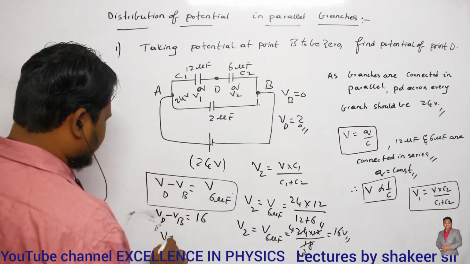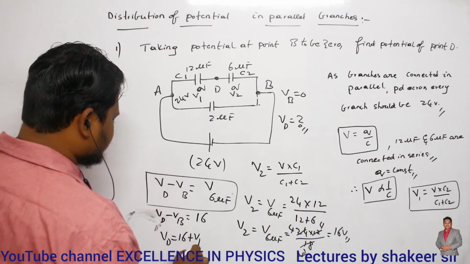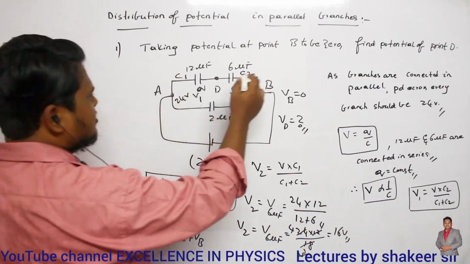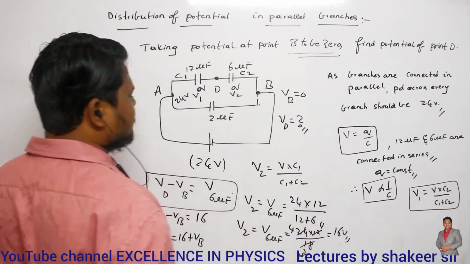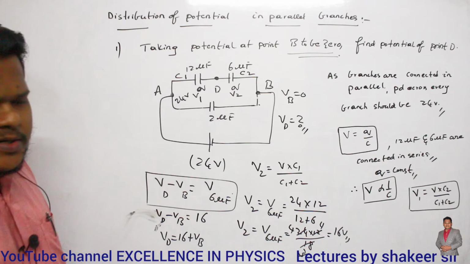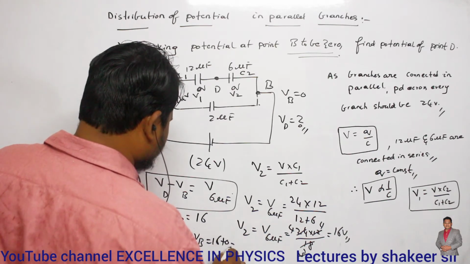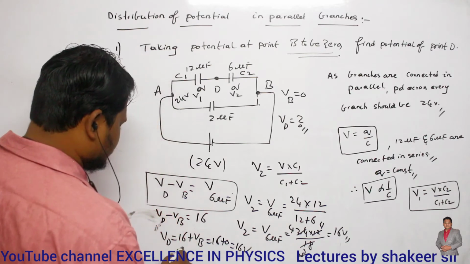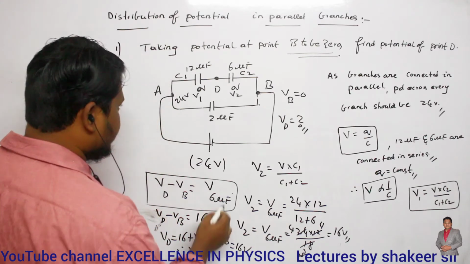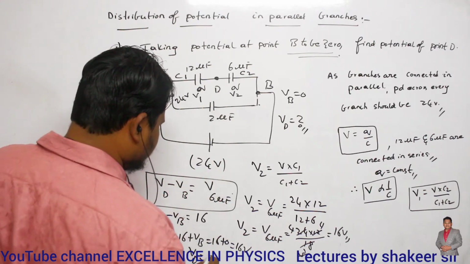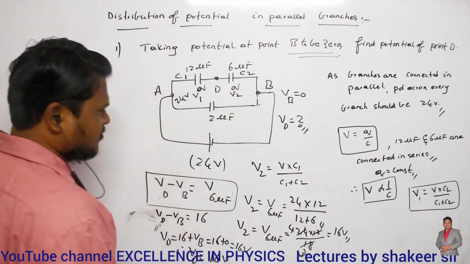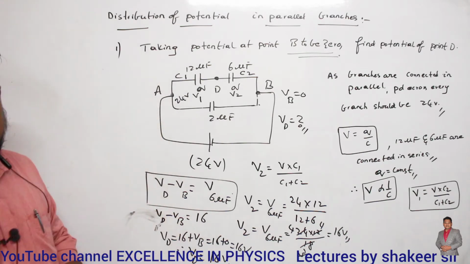So therefore VD is equal to 16 plus VB. In the question, he asked us to assume the potential at point B to be 0. So substitute here. 16 plus 0 is equal to 16 volts. So the potential at point D is 16 volts. That is our answer.